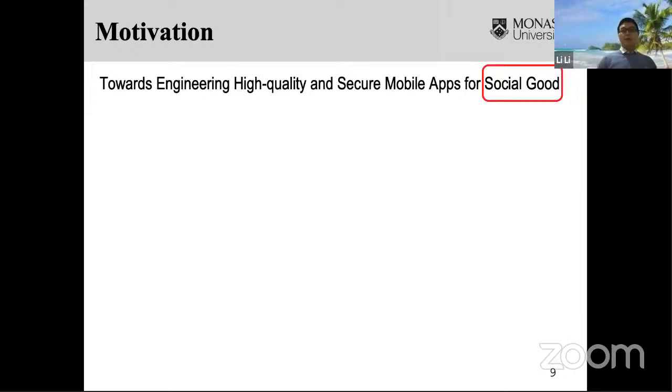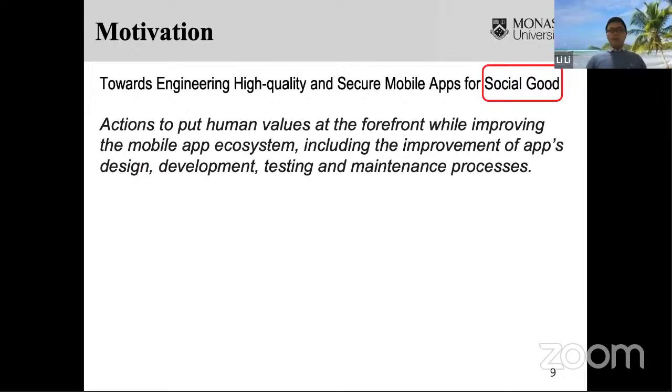The second keyword I want to share is social good. The term often refers to actions that put human values at the forefront while improving software systems. In our case, it's for mobile app ecosystems, including app design, development, testing, maintenance, and all the life cycles in software engineering.